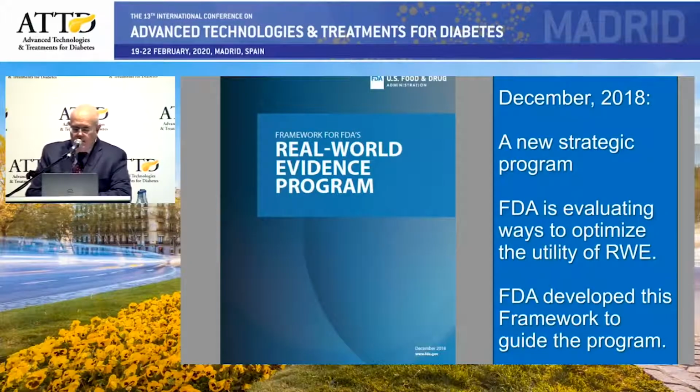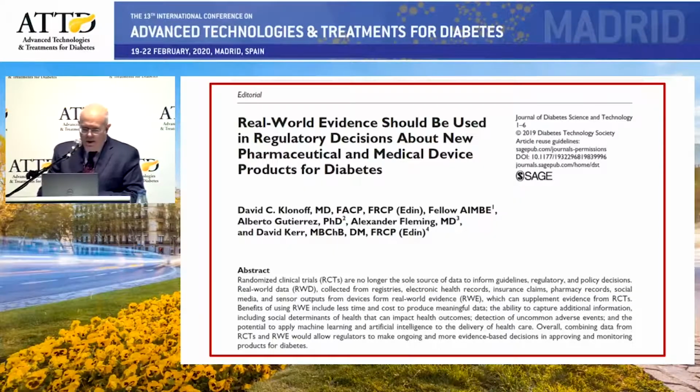Then in 2018, FDA announced the strategic program to use real-world evidence for drugs and biologics. And starting in 2016, the FDA has written dozens of articles praising the potential benefits of real-world evidence, especially in drugs and biologics. So FDA is on board.